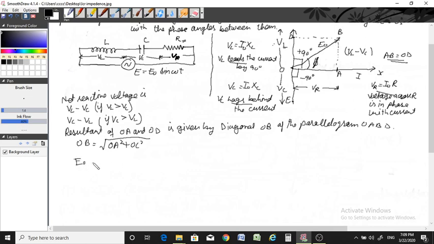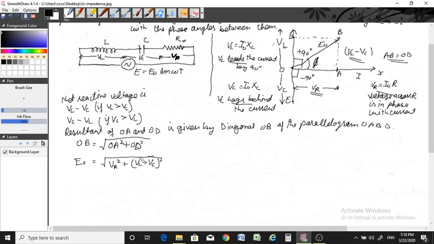Therefore, E naught is equal to under root of value of OA, which is equal to VR, square, plus value of OD, which is equal to AB, equal to VL minus VC, square.